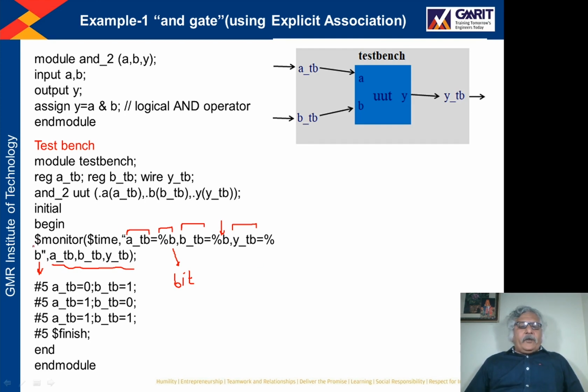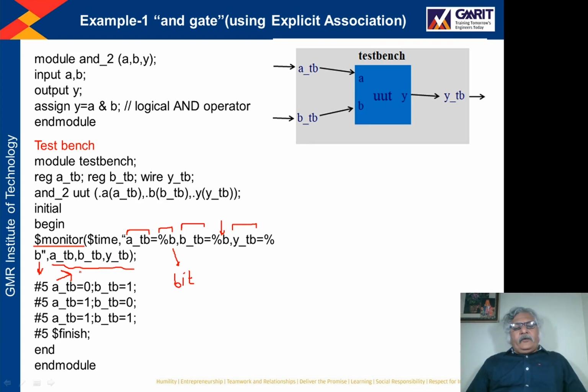The purpose of the $monitor directive is that it prints the values of the variables: a underscore tv, b underscore tv, y underscore tv. Whenever there is an event on any of these variables, the values will be printed.